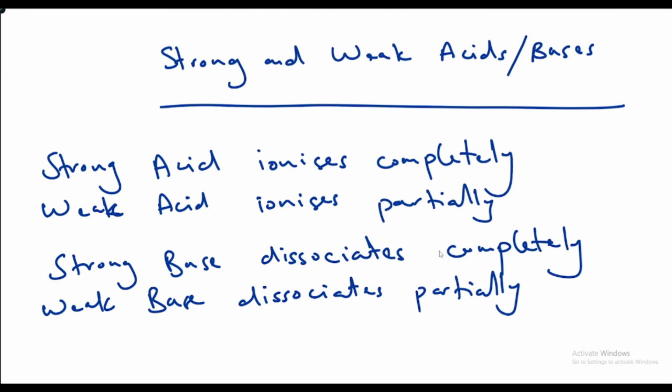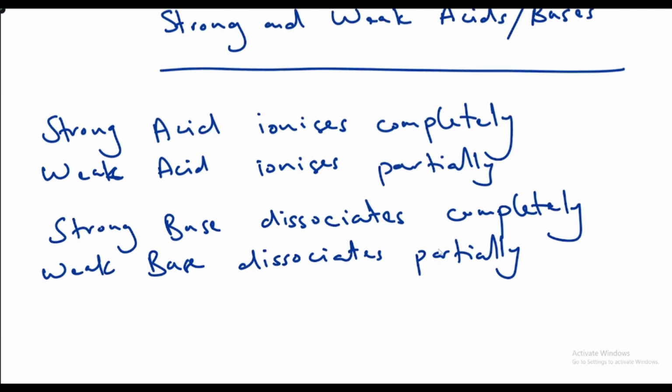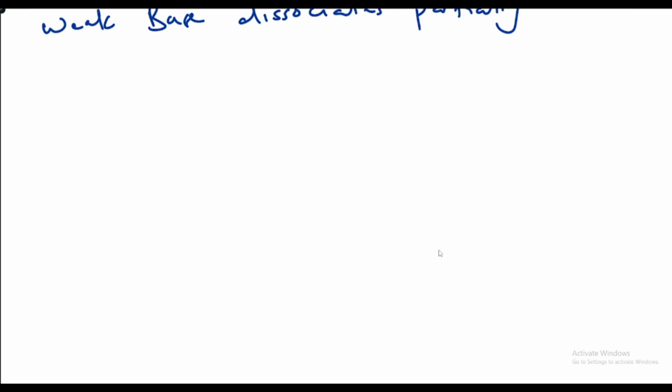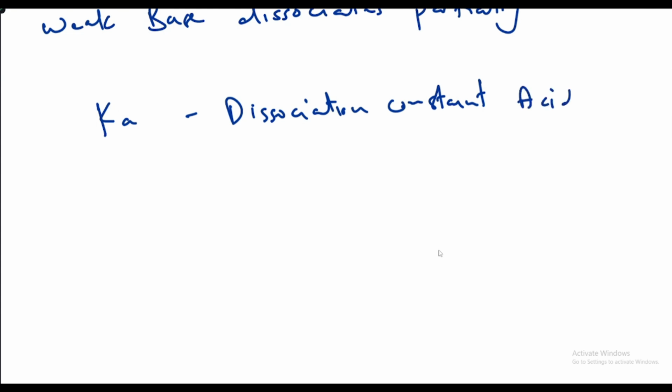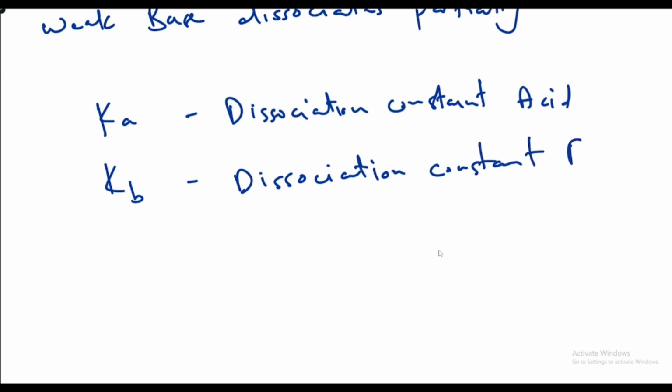In this video, we will also discuss another way of telling the difference between strong and weak acids and bases to tell them apart. We will be using something known as the dissociation constants, or Ka, which is the dissociation constant for an acid, and Kb, the dissociation constant for a base.